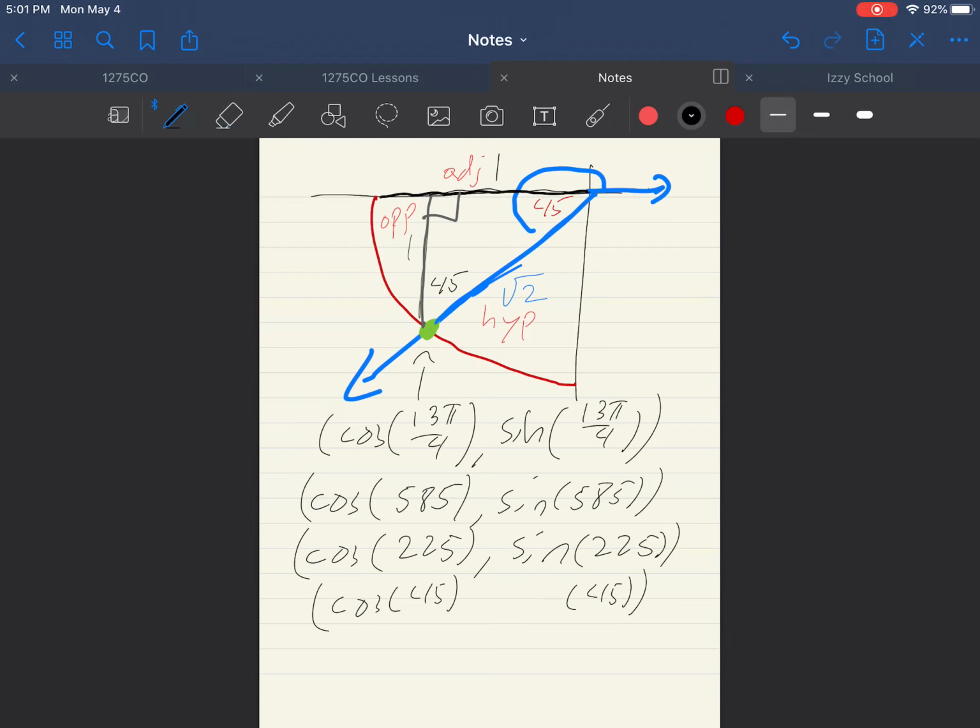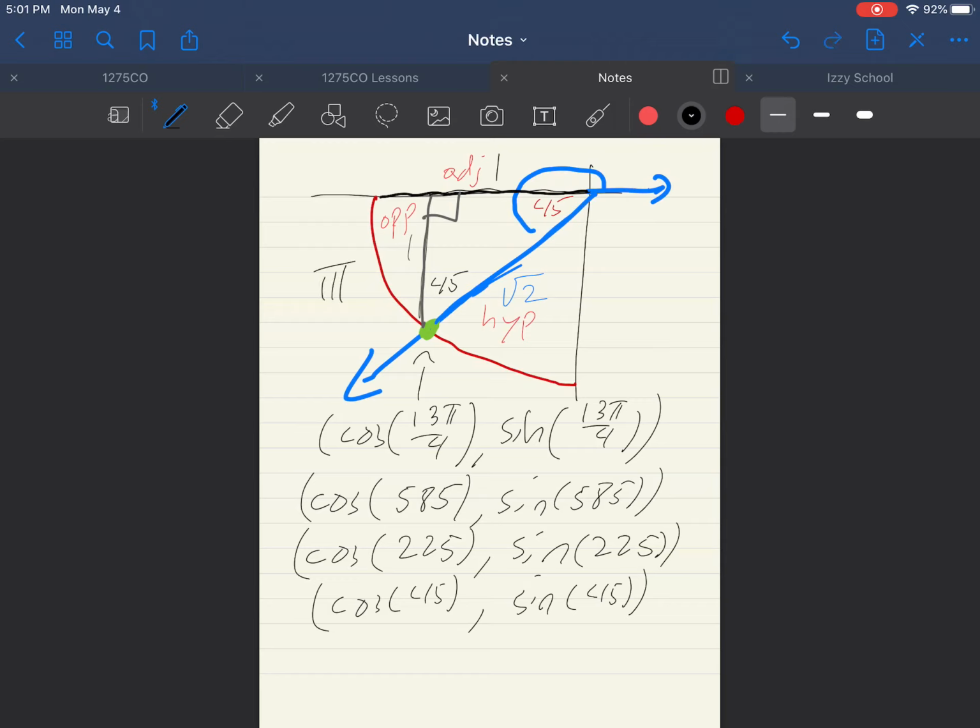But this substitution is not 100% direct. We were able to substitute 13 pi over 4 and use 585 directly. We were able to also use 225 directly instead of 585. But now that we're using 45 degrees, it's not quite the same.